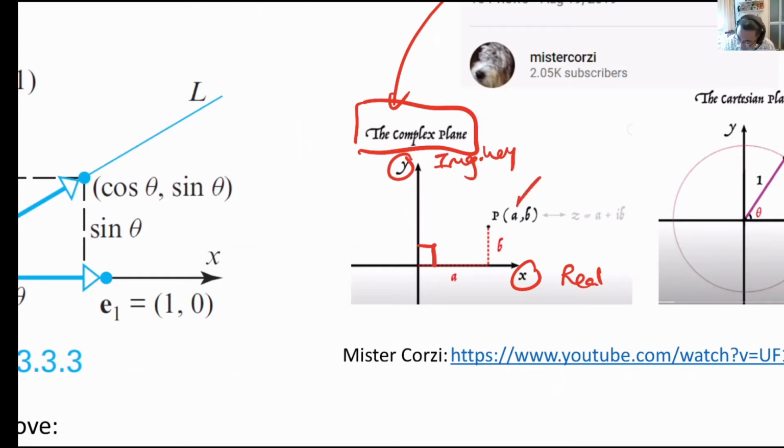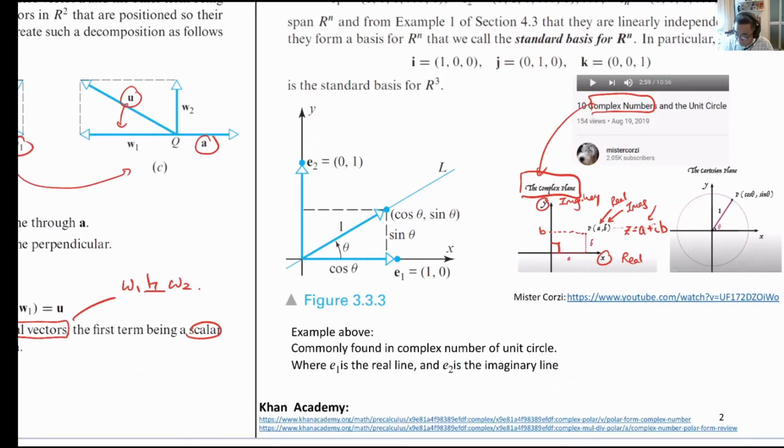The first coordinate of a complex number is for the real part, and the second coordinate for the imaginary part. Or sometimes we say z, the complex number, equals some real number a plus i times the value b, where the i here stands for the imaginary axis, and b is the value here. If you need a revision, here is a quick link to complex numbers.